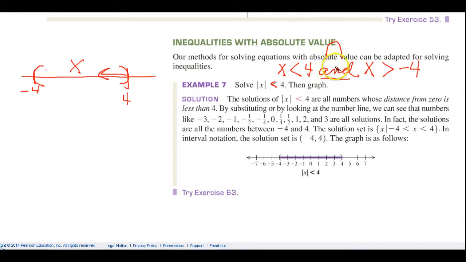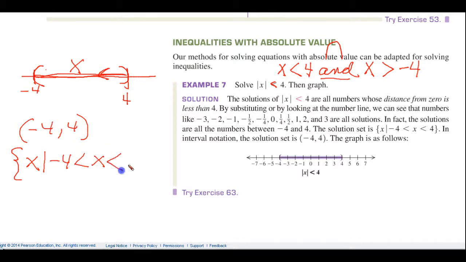We talked about this in the previous section, and this is going to be, in interval notation, negative 4, comma 4, and in set builder notation, x is such that negative 4 is less than x, x is less than 4.